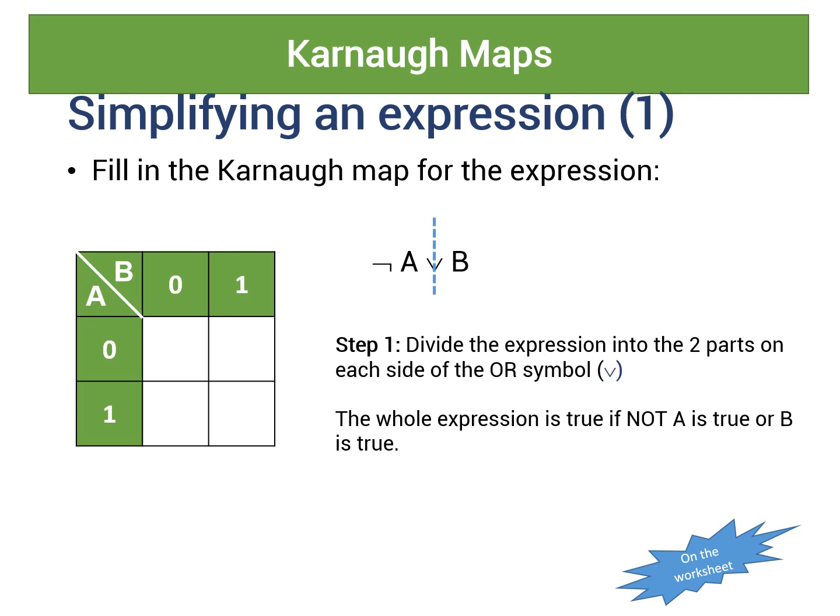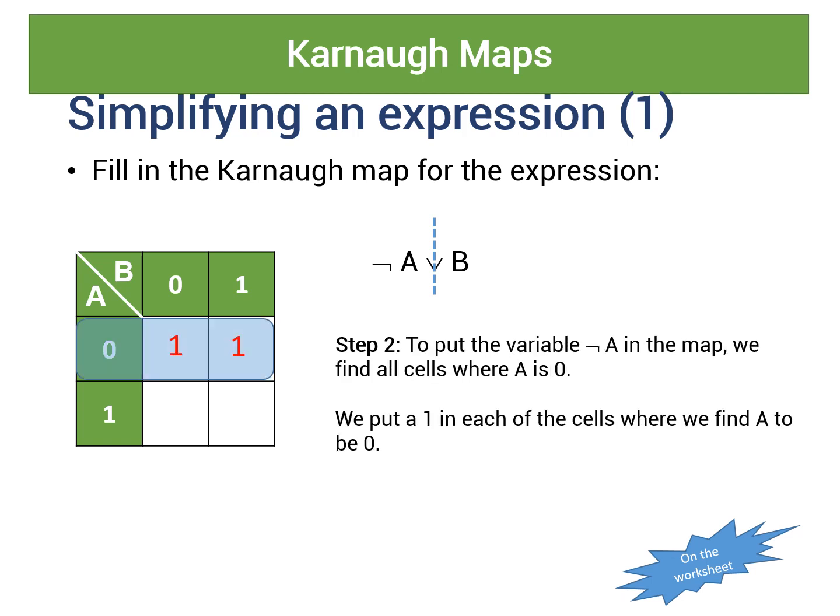So now we can start filling in this table. As you can see, when we have a look at NOT A, we can look at our value for B as well. So NOT A OR B, when we fill in the table, we can put 1s in these cells.